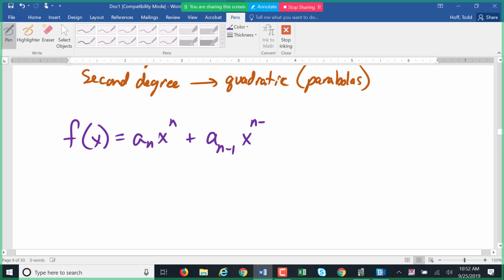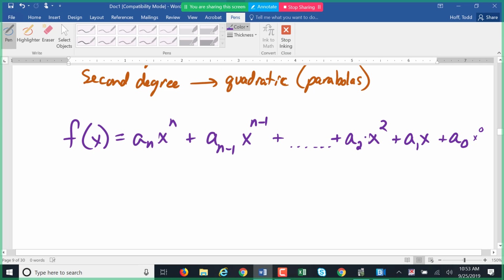Technically, the last term is times x to the power of 0, but we don't have to write that in because x to the power of 0 is 1.